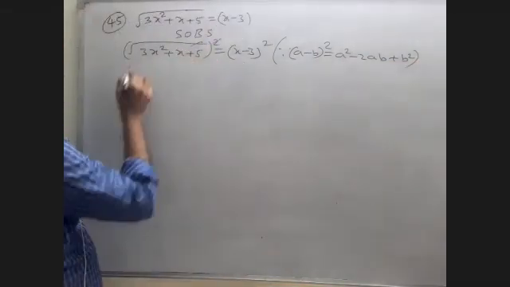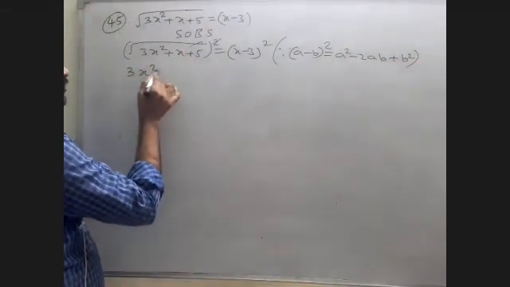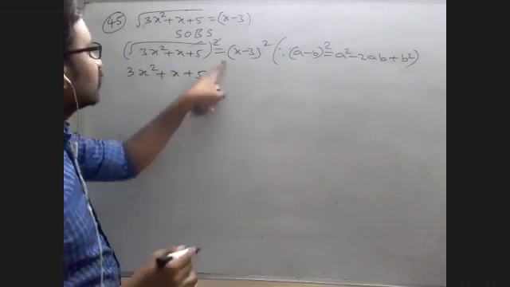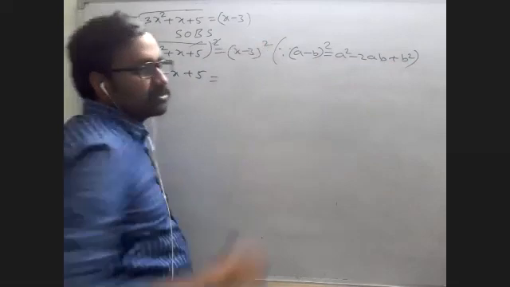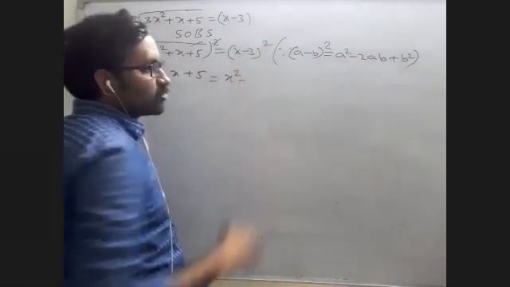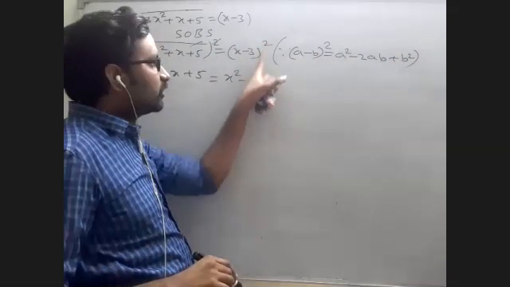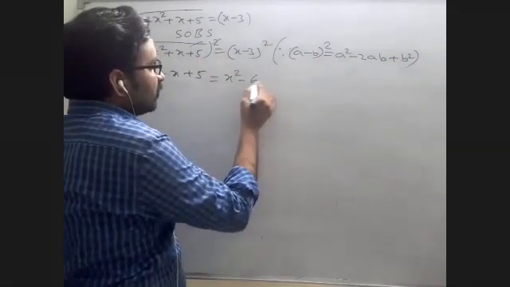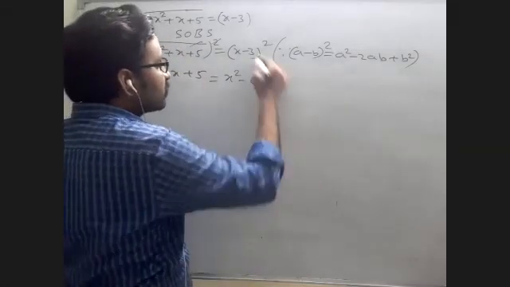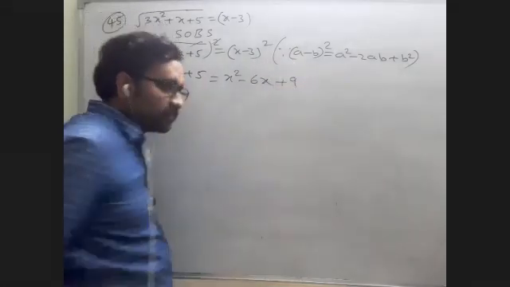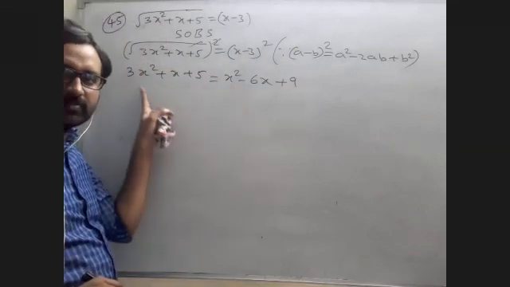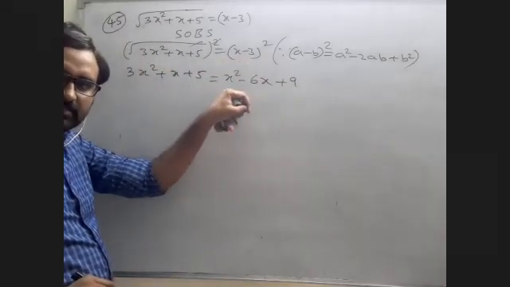Now the square root is cancelled, and the remaining equation is 3x square plus x plus 5 as it is. This is equal to the a minus b whole square formula: a square, x square, minus 2ab, 2 into x into 3, that is minus 6x, plus b square, b means 3, 3 square is 9. Now x square and 3x square: this is small, this is big. We take all these terms to this side.